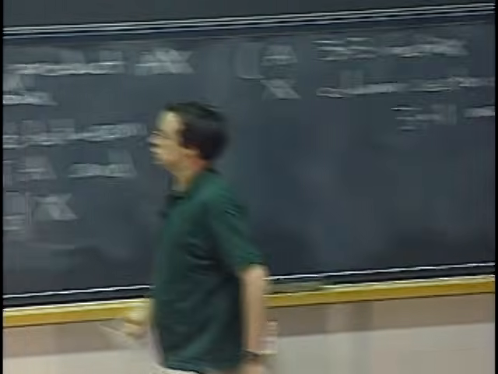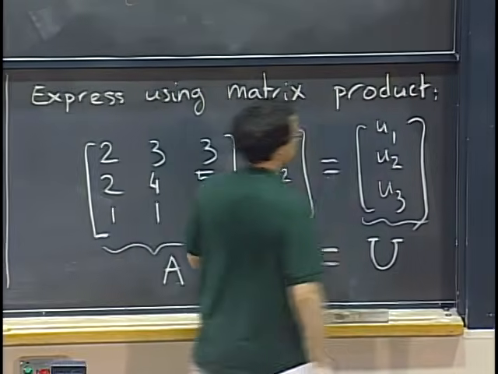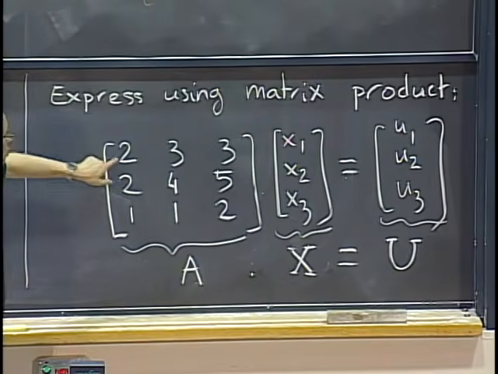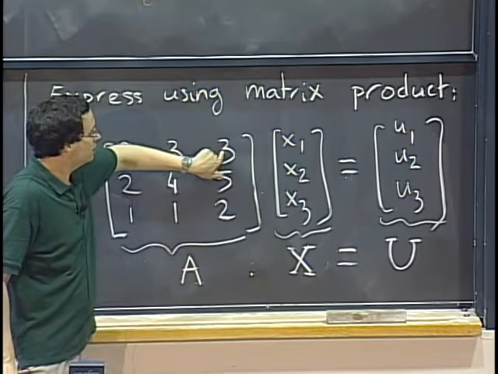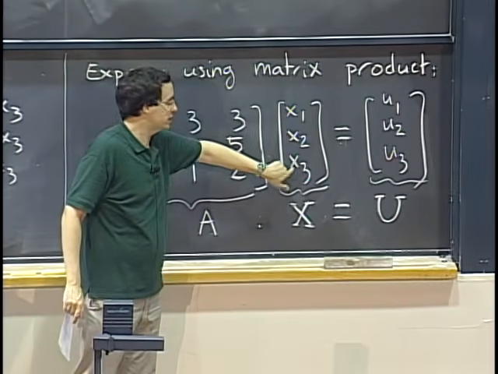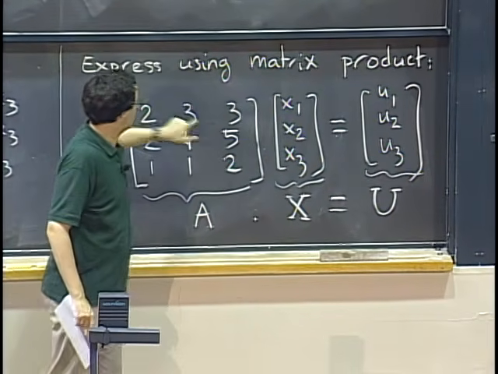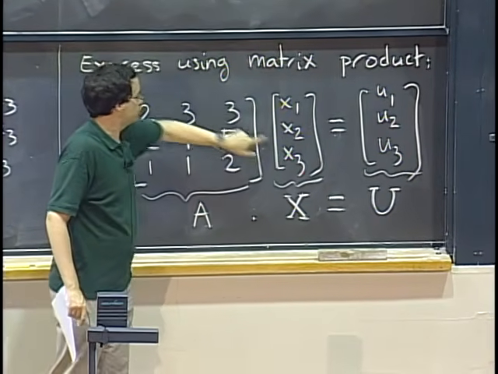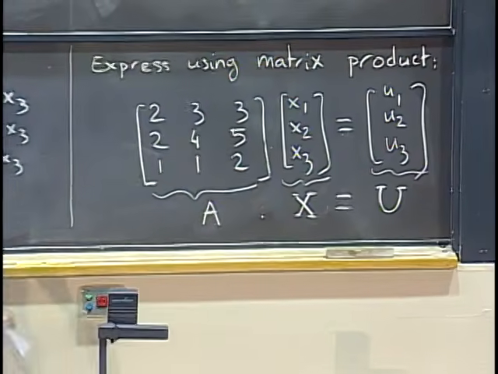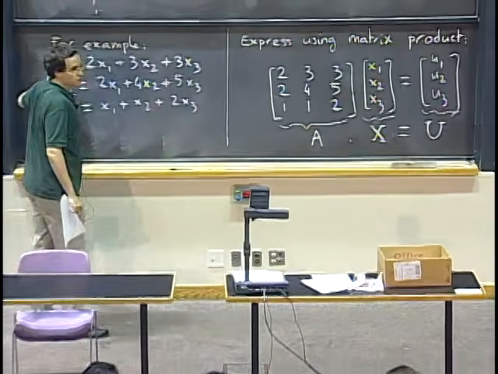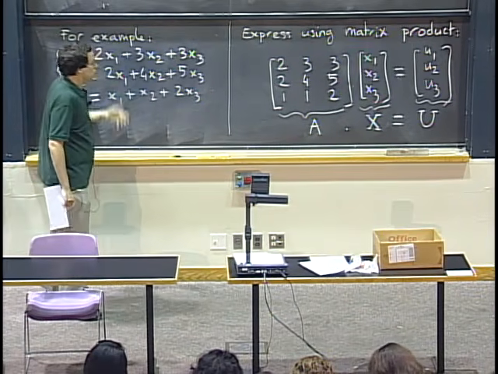Okay, so now what can we do? Well, I said we're going to do the dot product between a row of A, 2, 3, 3, and a column of X, X1, X2, X3. Well, that dot product will be 2 times X1 plus 3 times X2 plus 3 times X3. It's exactly what we want to set U1 equal to. Let's do the second one.